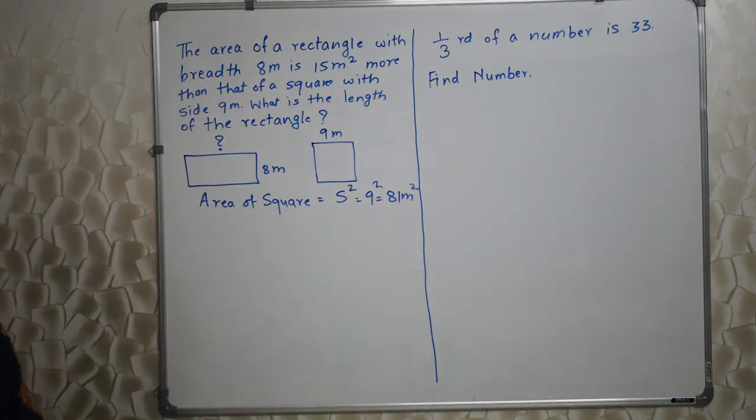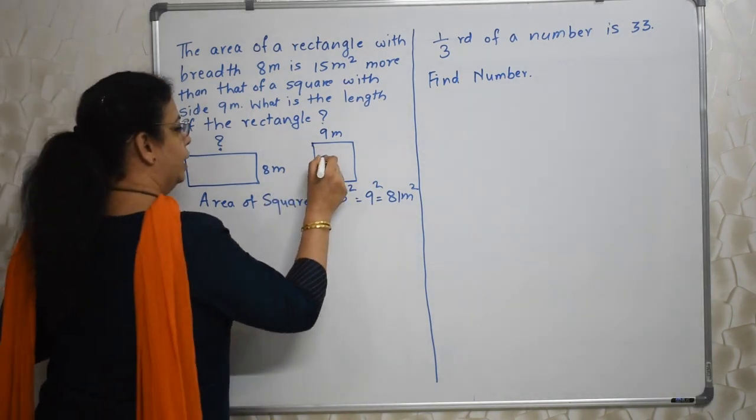Meter square, area is always in squares. So we got its area.